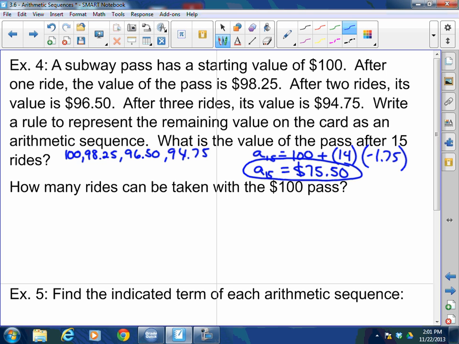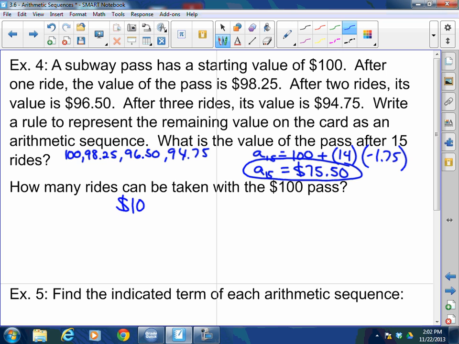Okay? Now, not a sequence question, but a logic question. How many rides can be taken then with a $100 pass? How would I try to figure that out? Divide what? Thank you, guys.